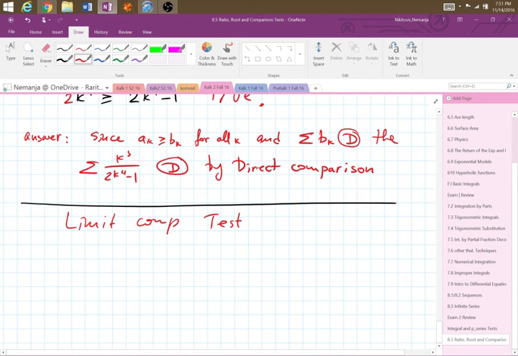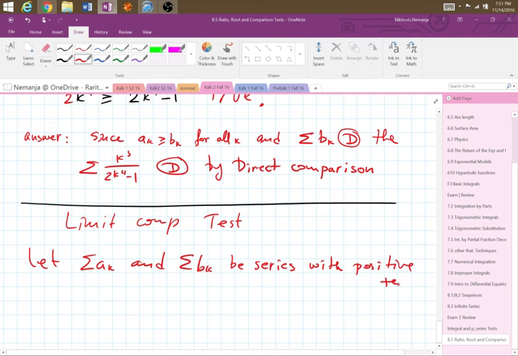So again, let summation AK and summation BK be series with positive terms, right?